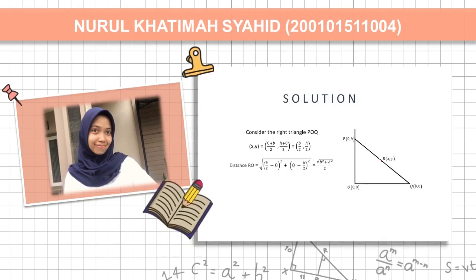Now, distance RO is equal to root of (b divided by 2 minus 0) squared plus (0 minus h divided by 2) squared, which is equal to root of b squared plus h squared, divided by 2. Similarly, distance PO is equal to root of b squared plus h squared, divided by 2, and distance QO is equal to root of b squared plus h squared, divided by 2.